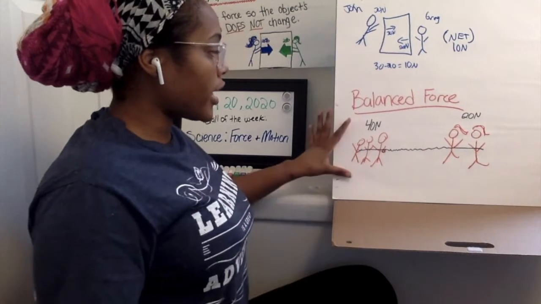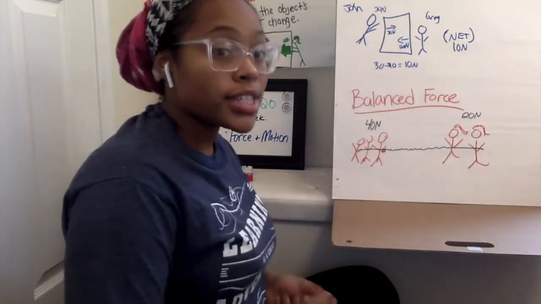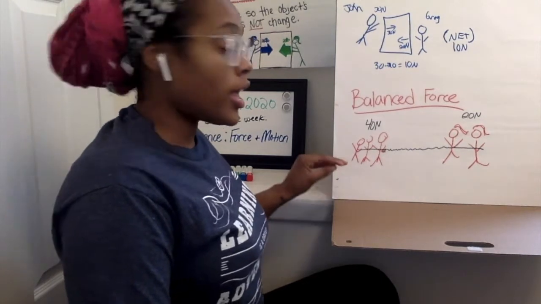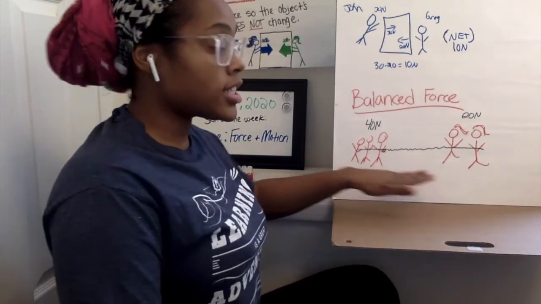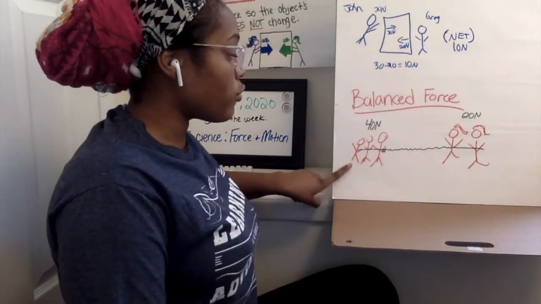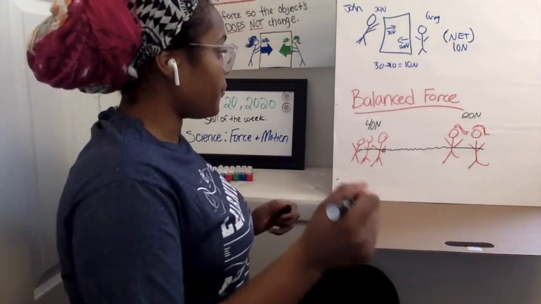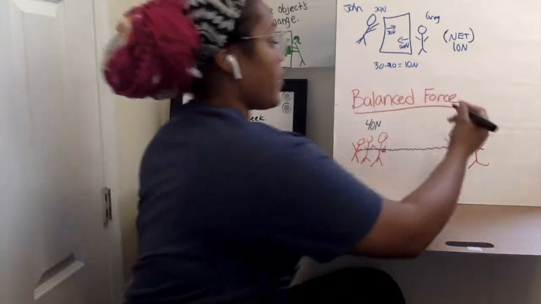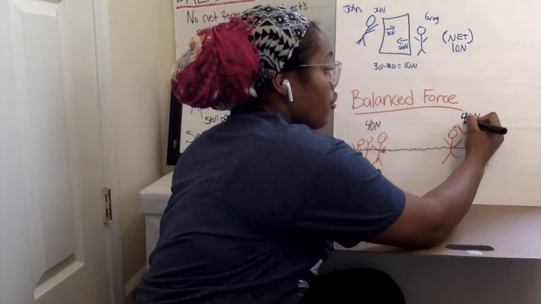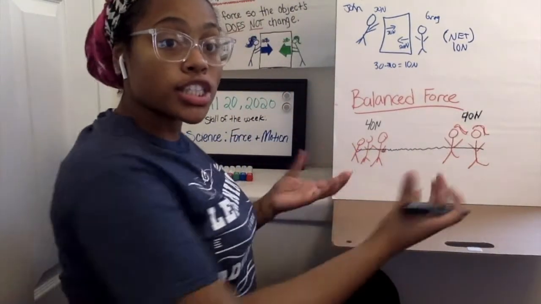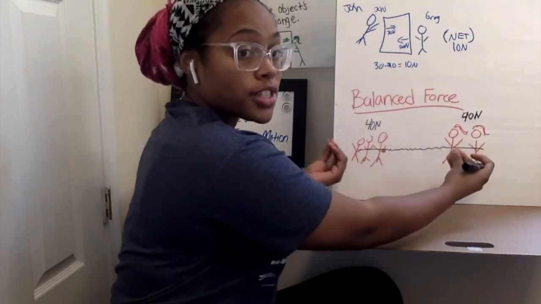If you have the kings pulling at 40, which side do you think will pull the most and make the queens lose? So, since there's more strength over this side, then of course the kings will win. But if we had it even, 40 on both sides, that means there's the same strength on both sides of this rope.